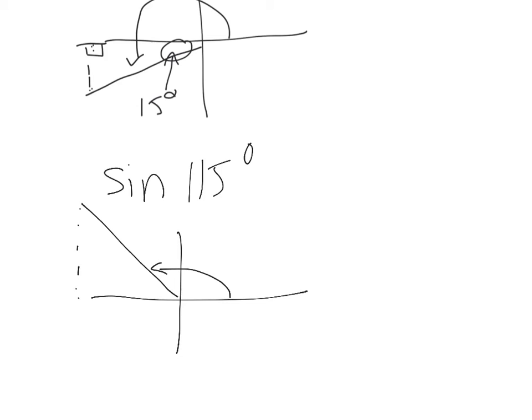And if I think about drawing my triangle here, the difference between that terminal side and the closest x-axis, which is 180 degrees, is 65. Okay, so doing sine of 115 is the same as doing sine of 65. And just think about, is it going to be the exact same, meaning positive, or do I have to add a negative sign? Because the y-coordinate is positive here, I don't have to add a negative sign in front. So sine 115 will be the same as sine 65.